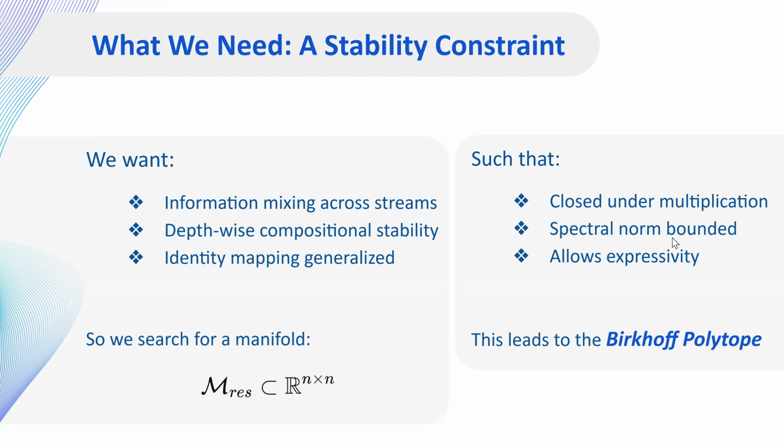The spectral norm is the largest singular value. It shows us the maximum stretch factor of the matrix, and it also allows expressivity, so the hidden embeddings are able to contribute to each other. All of these parameters lead us to the Birkhoff polytope.